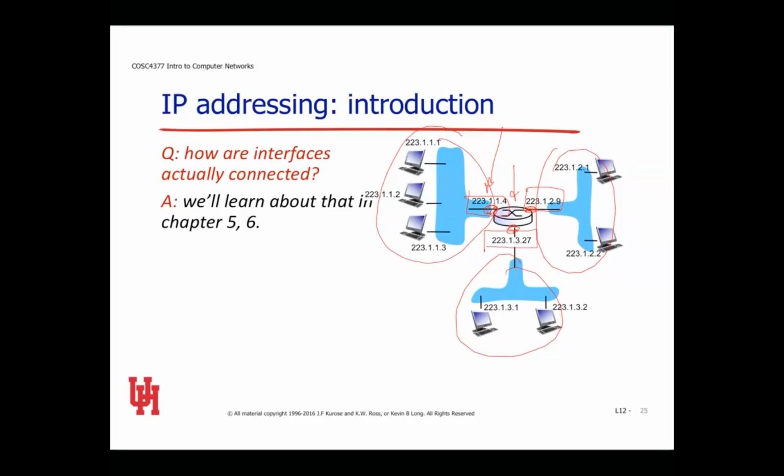And it turns out we can get pretty good at not having to throw hardware at everything. So you can actually have multiple logical subnets with different ranges of subnet numbers on the same physical interface. So what that means is not only will you have a different range of IP addresses, including one for the router on every interface, but sometimes you'll have more than one on the same interface.